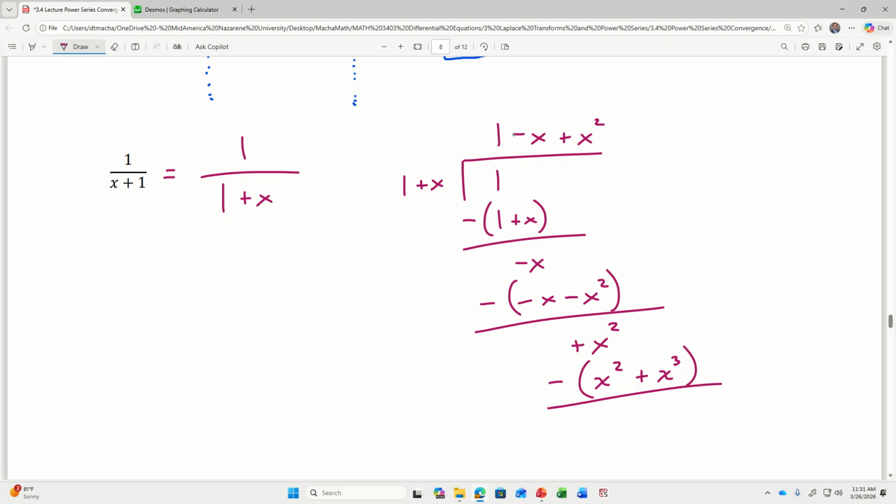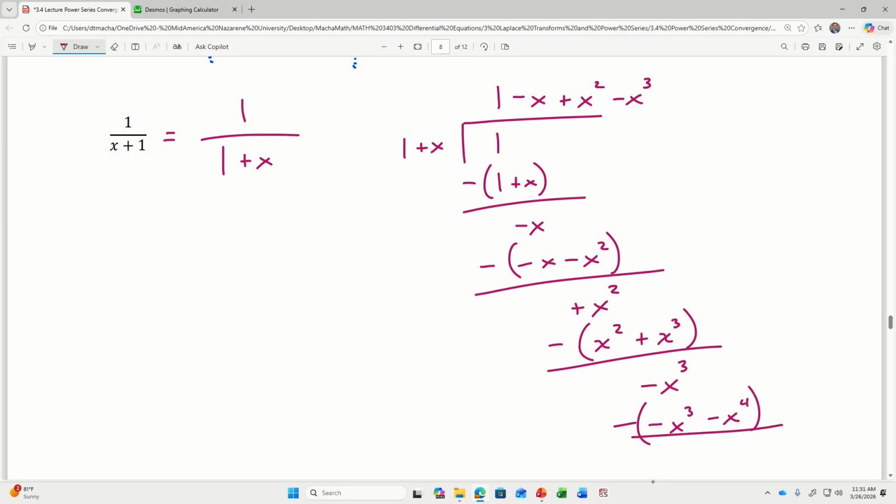Subtract, the x squareds cancel, and get minus x cubed. How many times does 1 go into minus x cubed? Negative x cubed. So I multiply negative x cubed times 1 plus x. I subtract, and what do I get? X to the 4th.